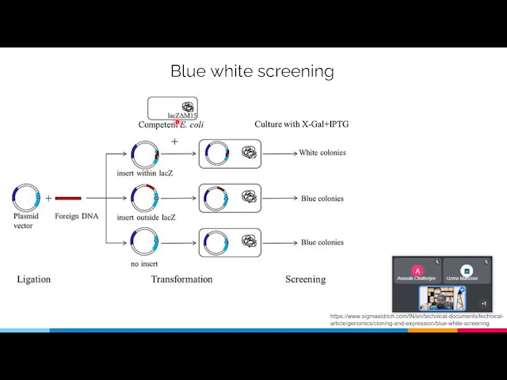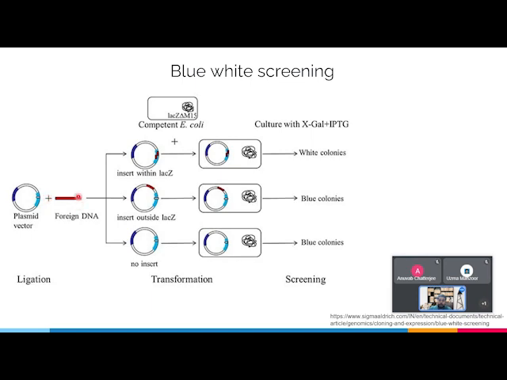What happens is that your plasmid vector has its multiple cloning site present inside the other component of the LacZ, known as LacZ alpha. So the deleted portion of the LacZ is present on the plasmid vector, and the multiple cloning site is present in the middle of the LacZ. If your gene of interest is cloned in the vector, then the LacZ present in the plasmid vector will be disrupted.